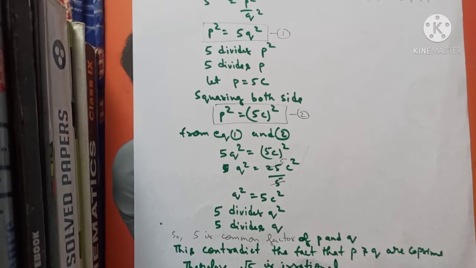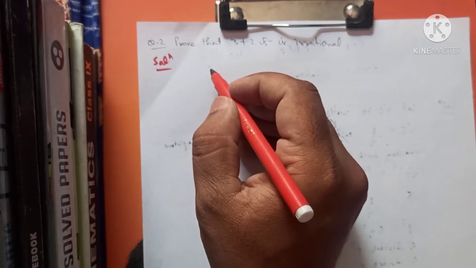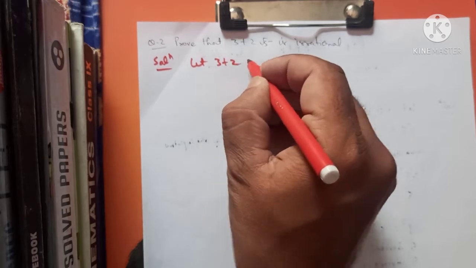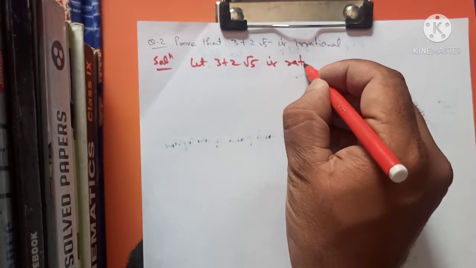Hence proved. Now, second question: prove that 3 plus 2 root 5 is irrational. This will also be done by the contradiction method, but in a slightly different way. Let 3 plus 2 root 5 be a rational number.